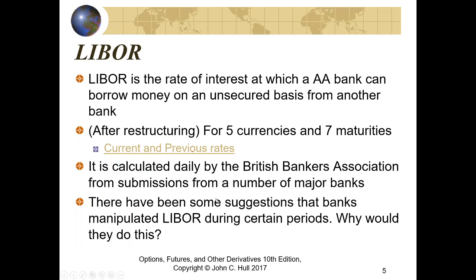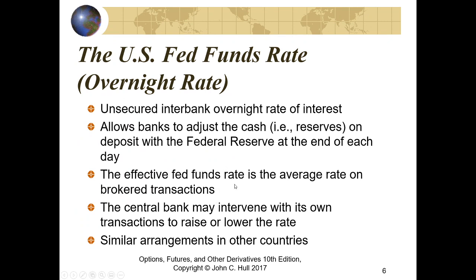Now more and more people in the financial industry are using the federal fund rate as a basis for what's called an overnight index swap. The overnight index swap, as we will learn later, is an important rate, and it is used as a proxy for the risk-free rate.